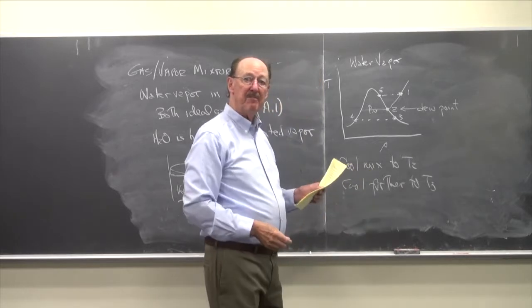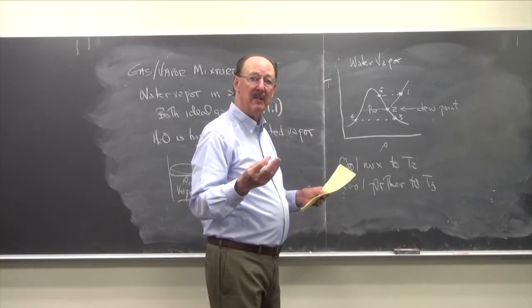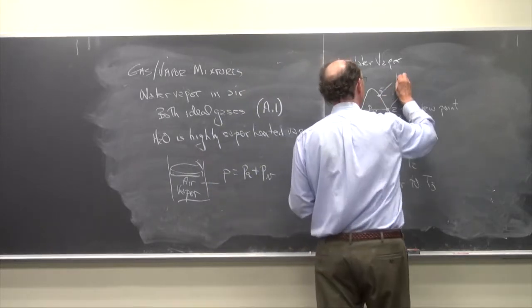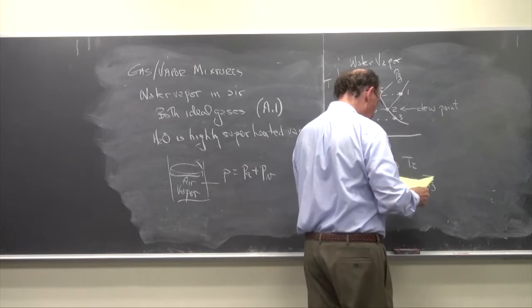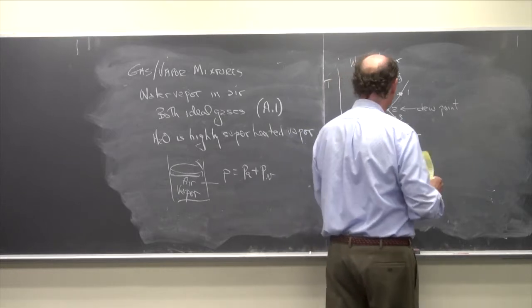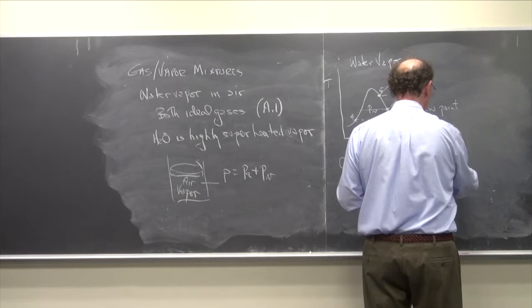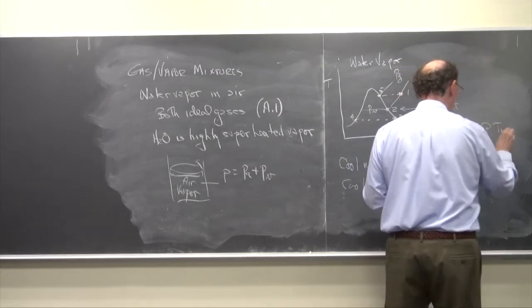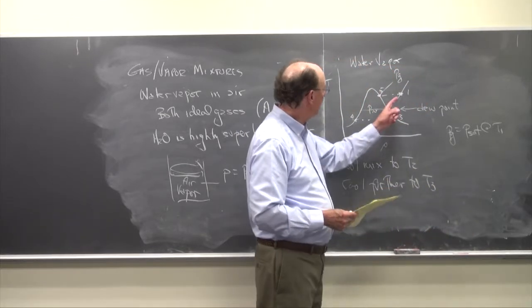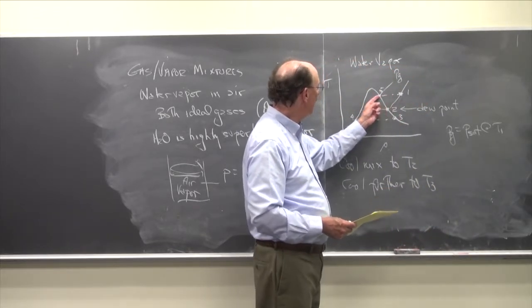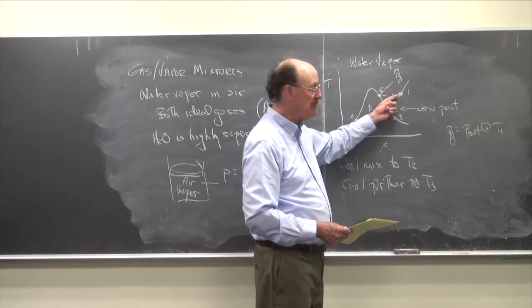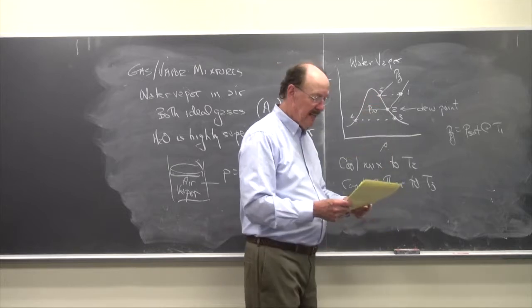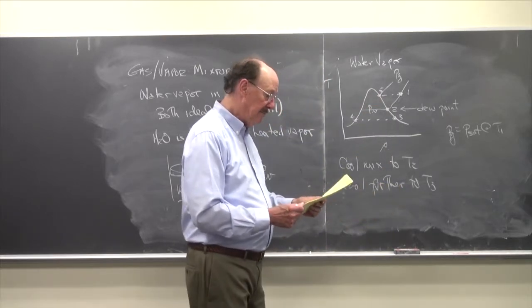State 5 is the partial pressure P sub G, where P sub G is equal to P sat at T1. If I look at the saturated pressure associated with this temperature, it would be here at state 5, this PG. So these terms will matter.